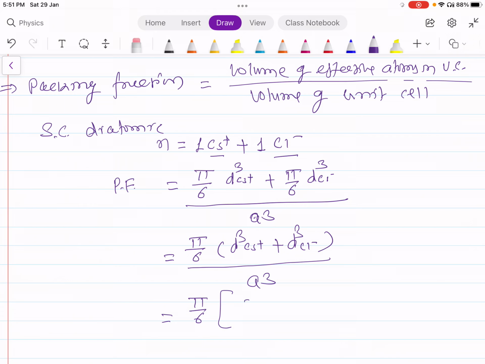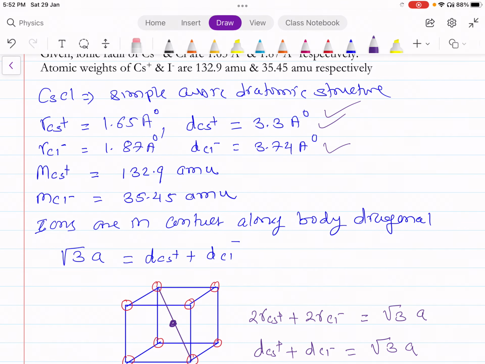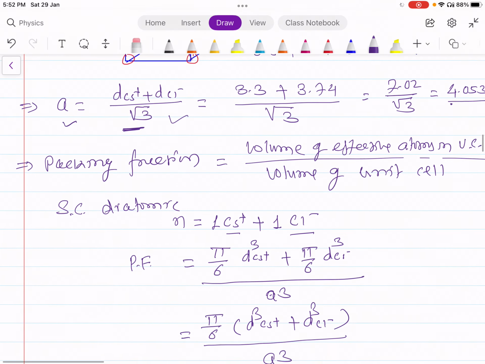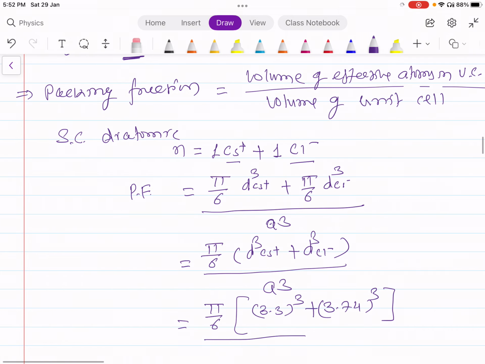So in the bracket 3.3 cube plus diameter cube of chlorine ion. Diameter of chlorine ion is given, 3.74. So this is 3.74 cube, bracket complete, divided by a cube.